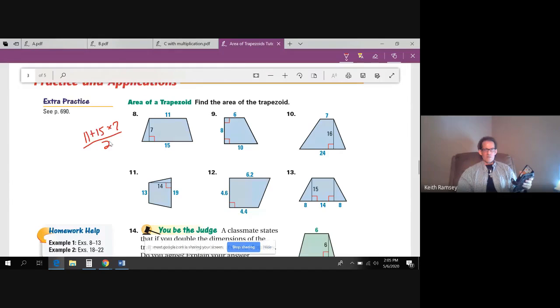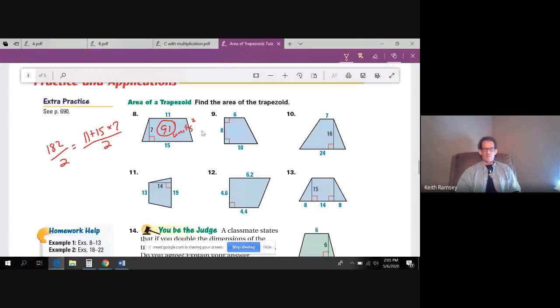So this is going to be 182 divided by 2, which equals 91 for this one.